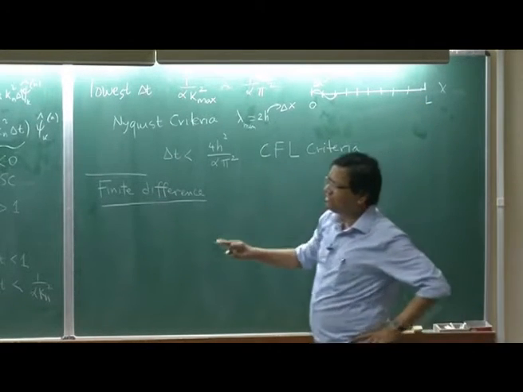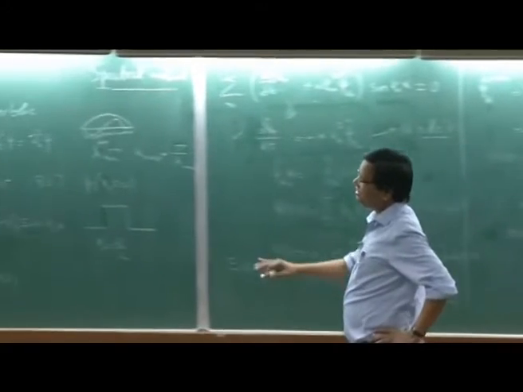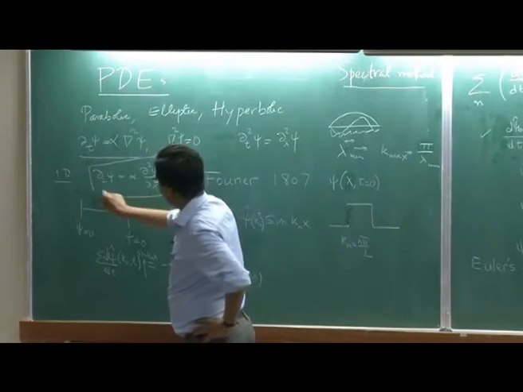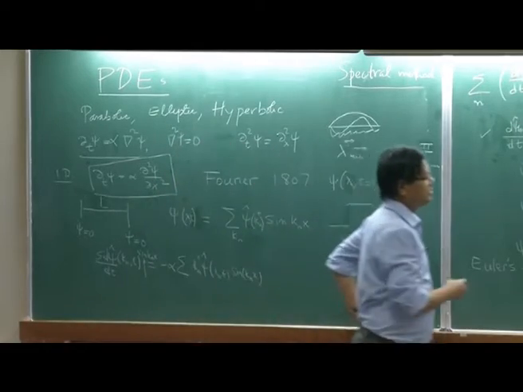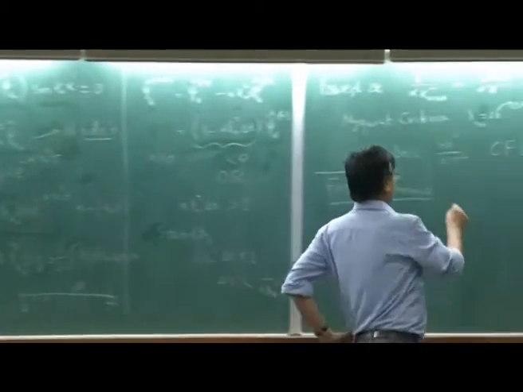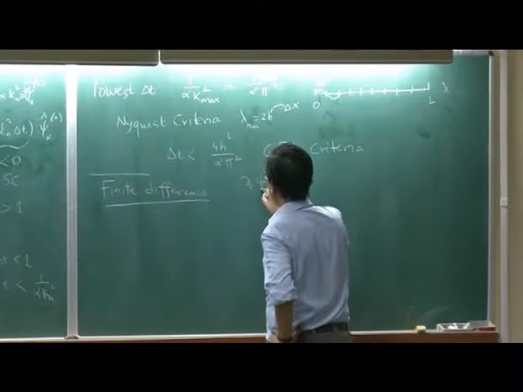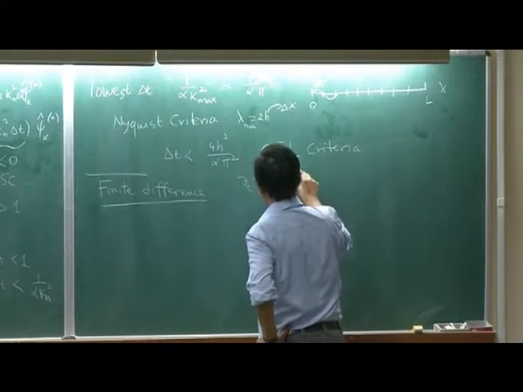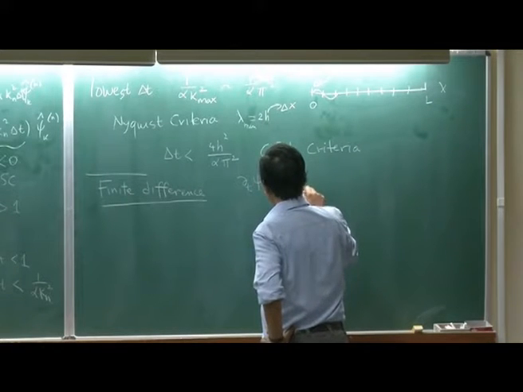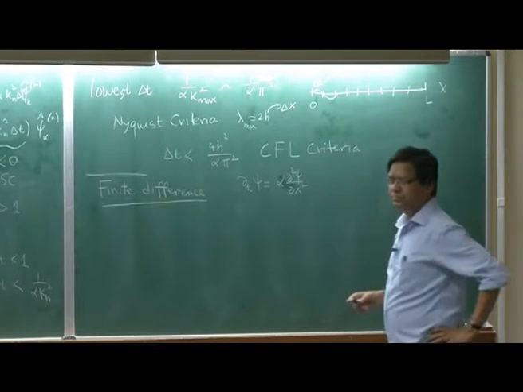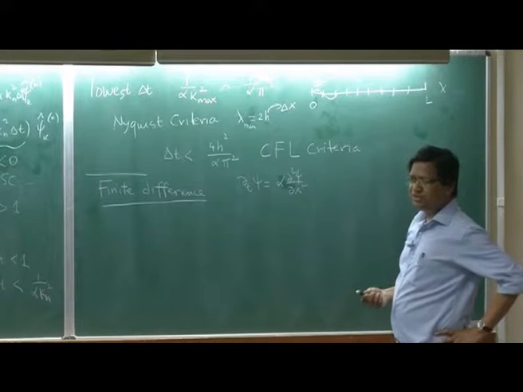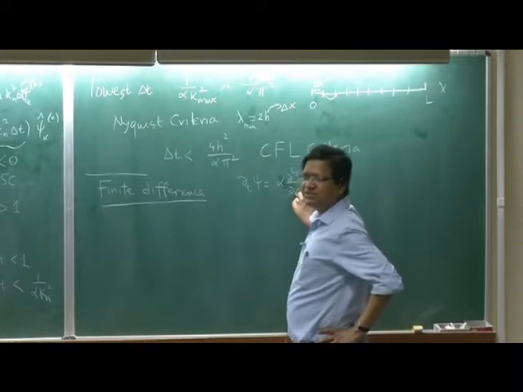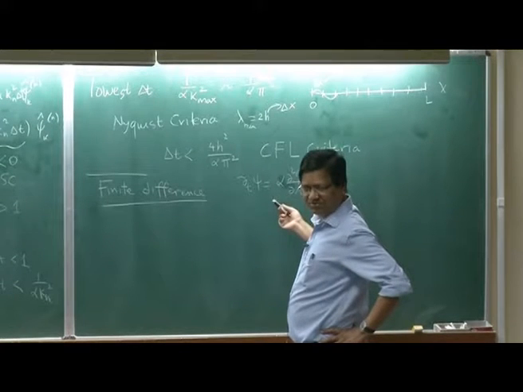So let's convert this equation into finite difference form. Let's write it here. The simplest scheme is, I will do this by a central difference scheme for the double derivative.